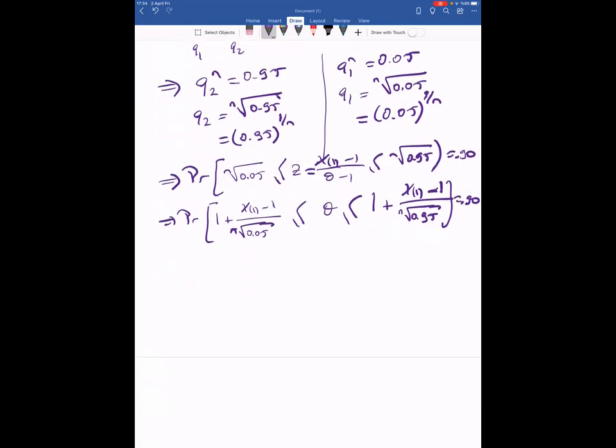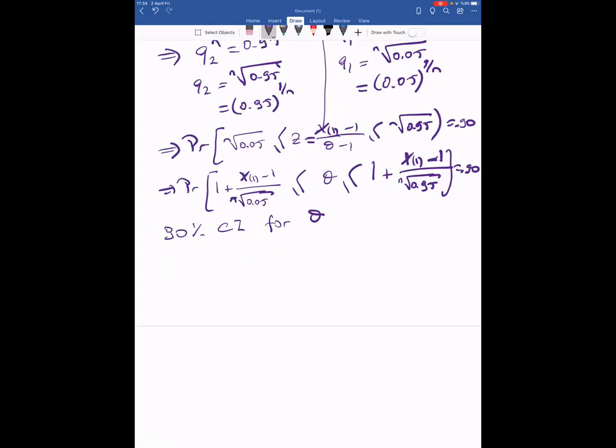Okay, so this is a random interval because we have a random variable here, the x1 term. Then we can write our confidence interval for θ as 1 plus (x1 − 1) over 0.05 to the 1 over n, ≤ θ ≤ 1 plus (x1 − 1) over 0.95 to the 1 over n.